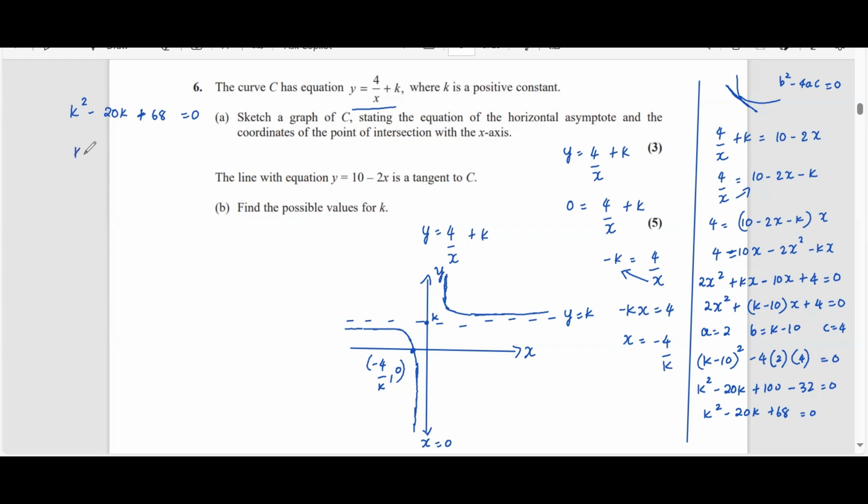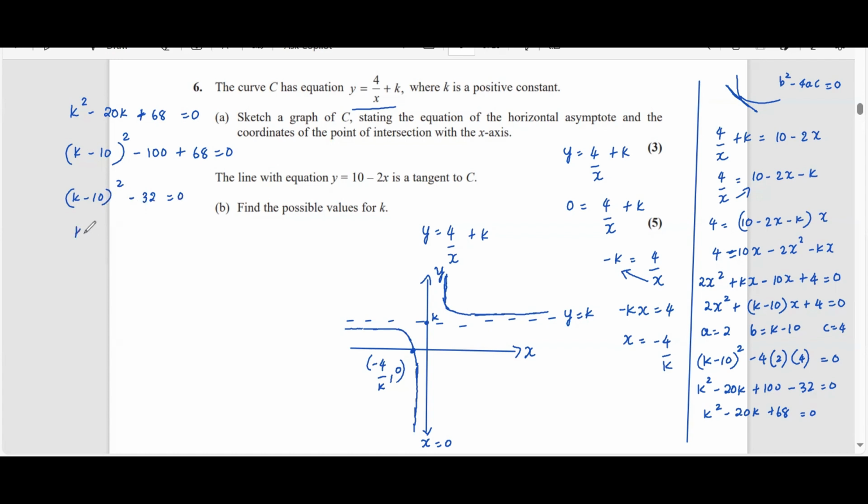So we know k minus 10 the whole square, minus 100 plus 68 equals 0. By using the completing the square method, that is basically k minus 10 the whole square, minus 100 plus 68, that is minus 32.